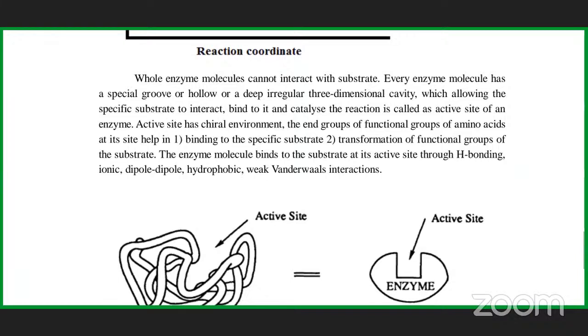Okay, so the enzyme binds to the substrate at its active site through hydrogen bonding, van der Waals interactions, ionic interactions, dipolar interactions, hydrophobic interactions. So the substrate molecule can interact and bind with your enzyme active site through various interactions: hydrogen bonding, ionic interaction, dipole interactions, and weak van der Waals interactions.